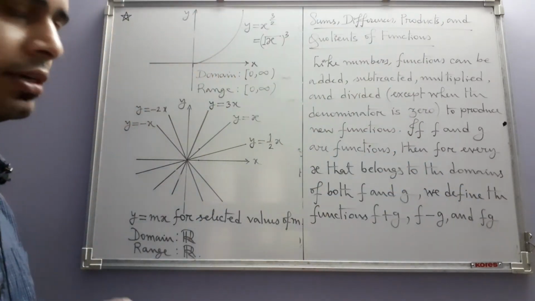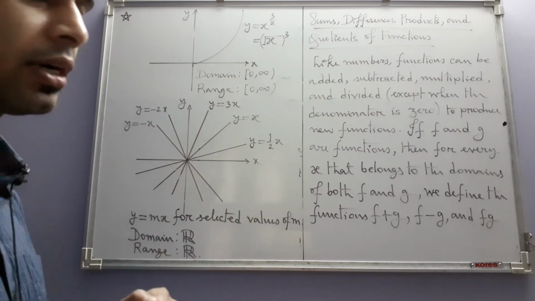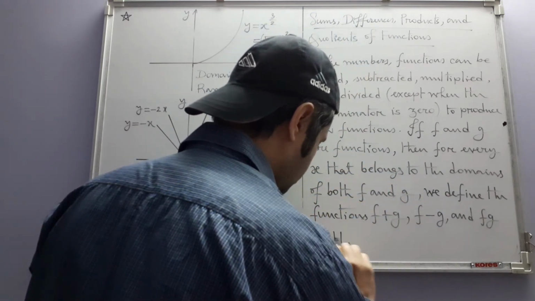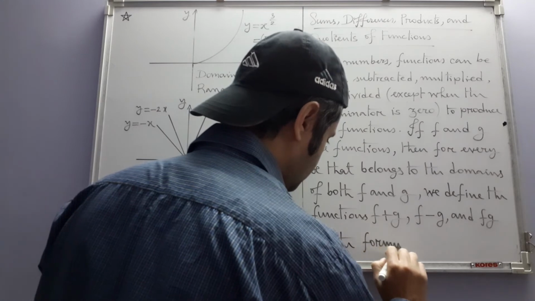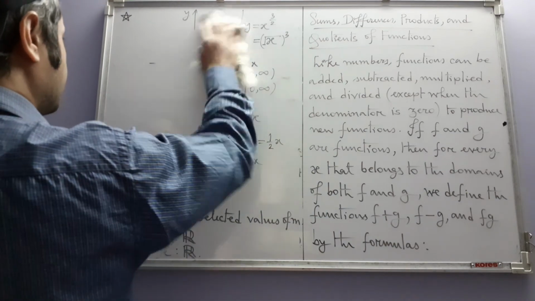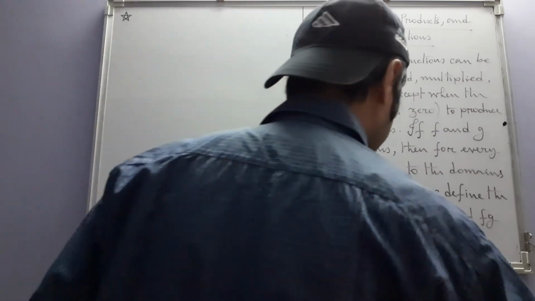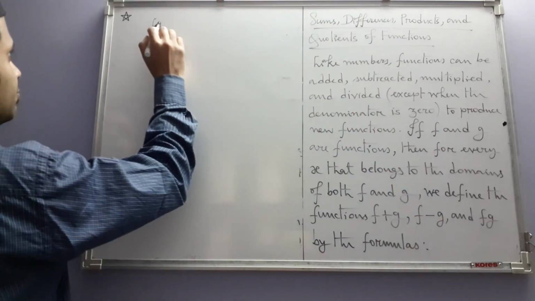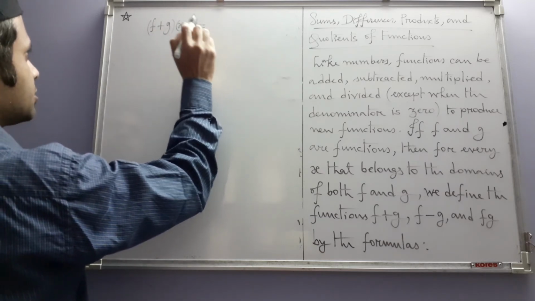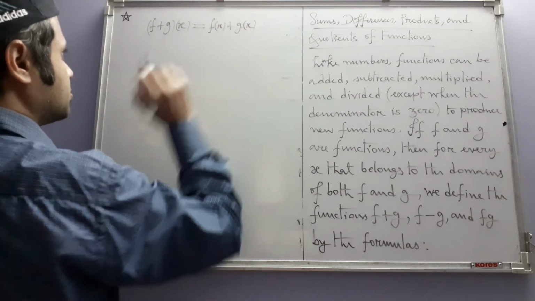The sum of f and g, the difference of f and g, f minus g, and the product of f and g by these formulas, which are very natural, you will see. f plus g is a function whose value at x is defined to be f of x plus g of x.